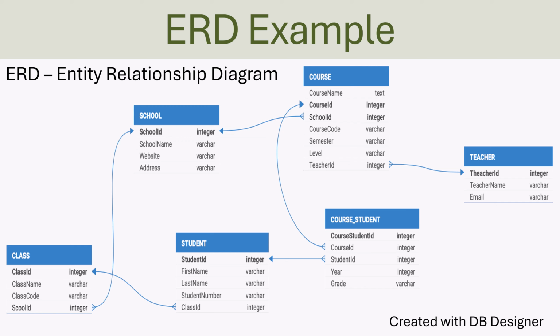So here you see an example of an entity relationship diagram. This diagram has been created with the DB Designer that we will show some examples of later in this tutorial.